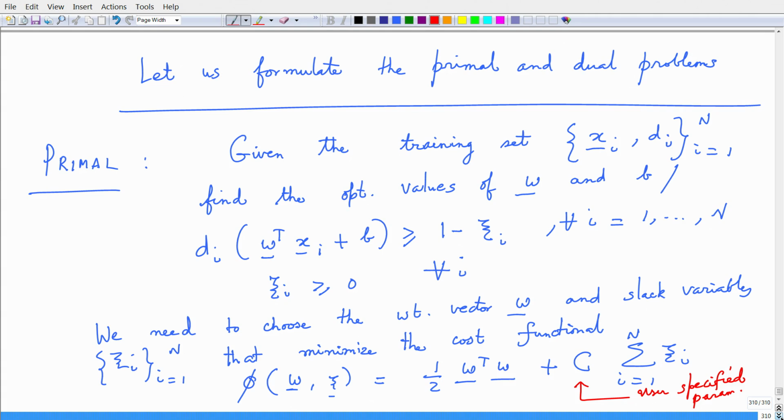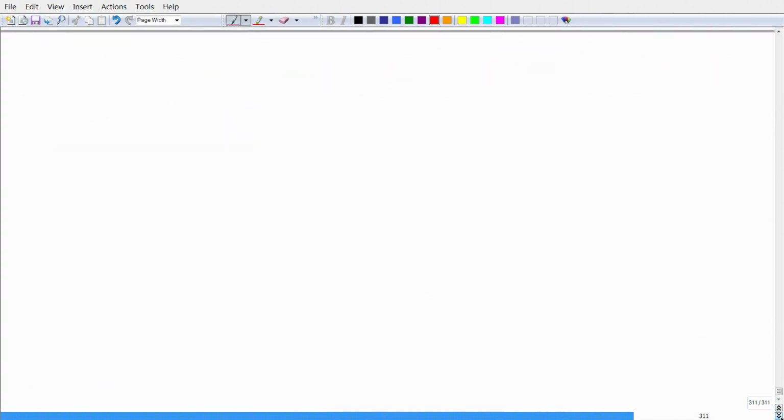Now, we have this cost functional and then we take this cost functional, put the constraint conditions, these are inequality conditions, and then form the Lagrangian, and from the Lagrangian we take the partial with respect to w, with respect to the bias, with respect to the zetas, set them equal to 0 and then arrive at the conditions, and from the conditions like what we did for the linearly separable case we formulate the dual problem for the non separable case. So, let me write down the dual problem.